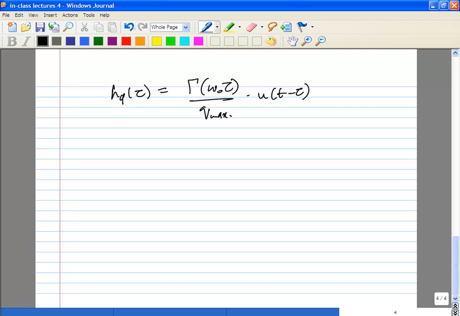So you define something called the impulse sensitivity function, which is normalized by dividing with q max. What you want is something which you can compare across different circuits, so that's why you're normalizing it.